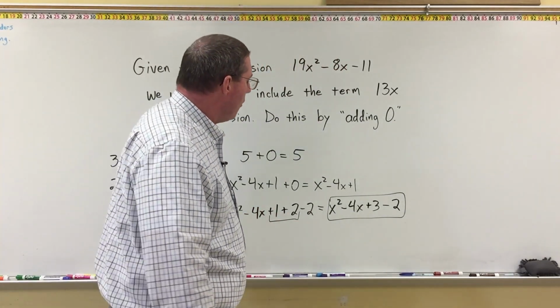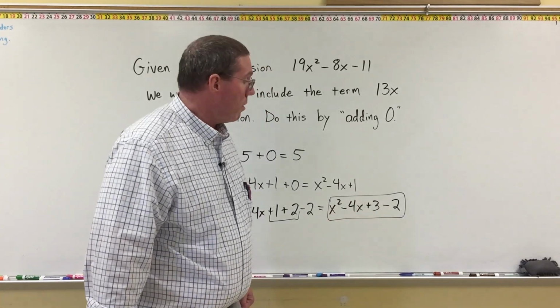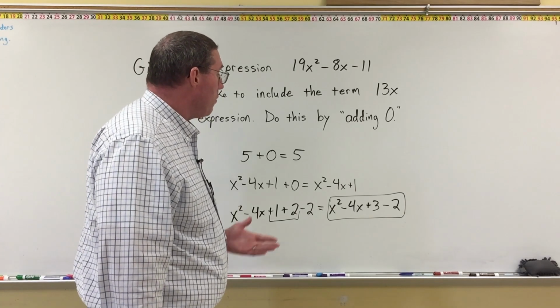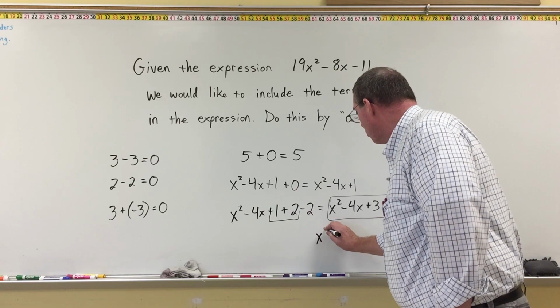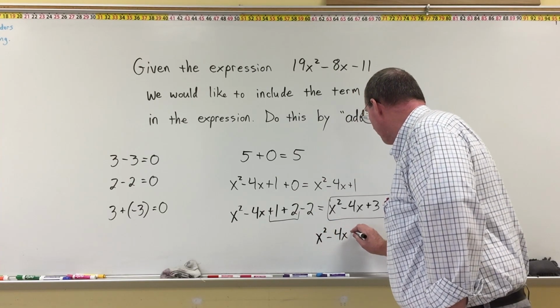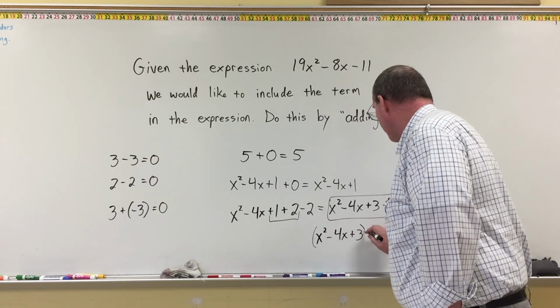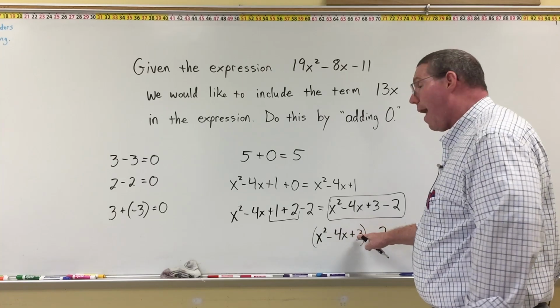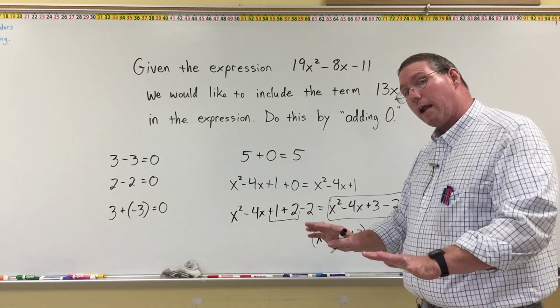And you may say to yourself, why in the world would anybody want to do that? And there are a lot of great reasons why somebody would want to do that in math. One of them in particular here is I can now take this x squared minus 4x plus 3, put it in parentheses and then tack on my minus 2 here, and this is now a factorable expression, which you may not have covered yet.